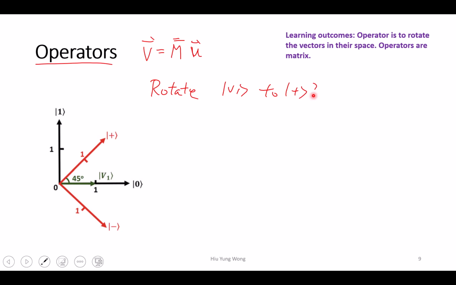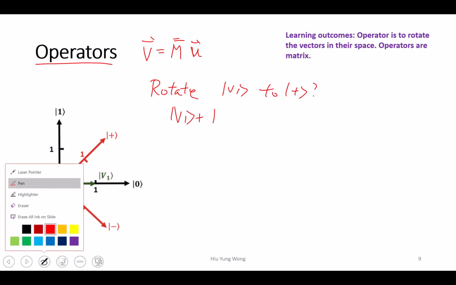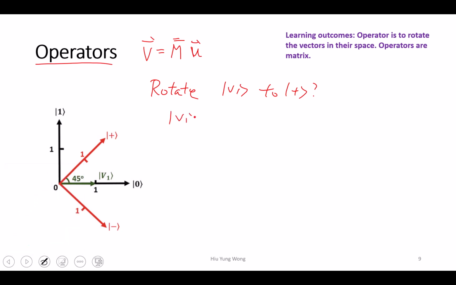Right? V1, what is the value of V1 now? In terms of the basis vectors 0 and 1, what is V1? V1, very good, equals 0. Right? It's just like saying that V1 equal to x hat.